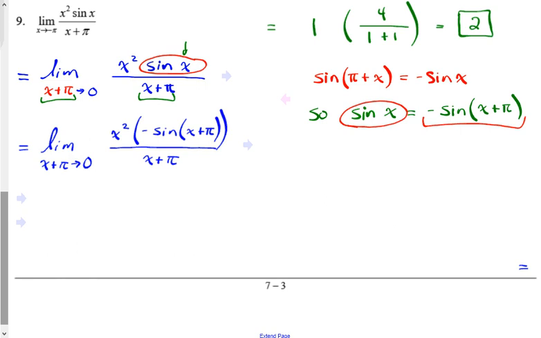But I'm going to keep going. We've gotten to this point where this is my theta, there's my theta, there's my theta. All three are the same. So I have the limit as theta approaches 0 of some stuff times sine theta over theta.